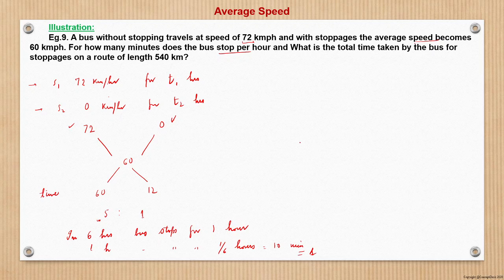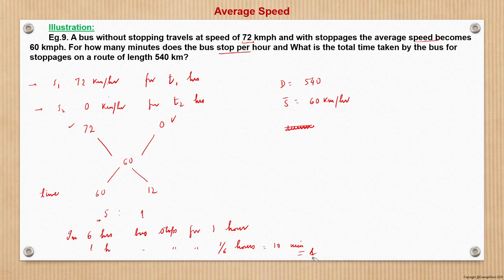So here, what is given? Here it is given that the total distance is 540 and the average speed is 60 kilometer per hour. So what is the total running time?